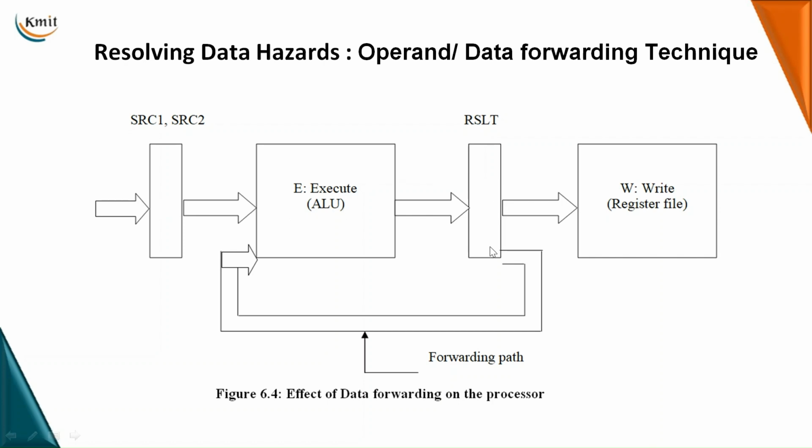For I2, when there is a dependency, rather than waiting for it to go to the next stage, the result which is already available will be given as an input to the execute unit for the next instruction I2. This technique is called the operand forwarding technique, and we call this path a forwarding path. This is how the data forwarding or operand forwarding techniques are used.